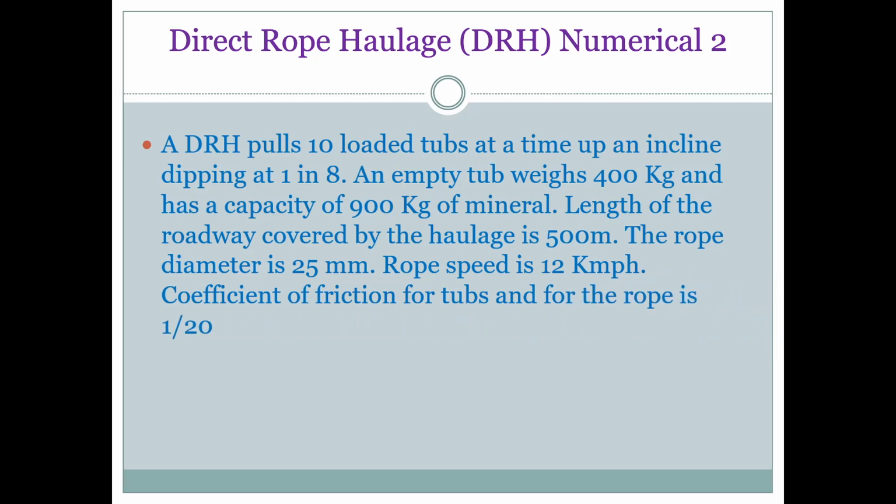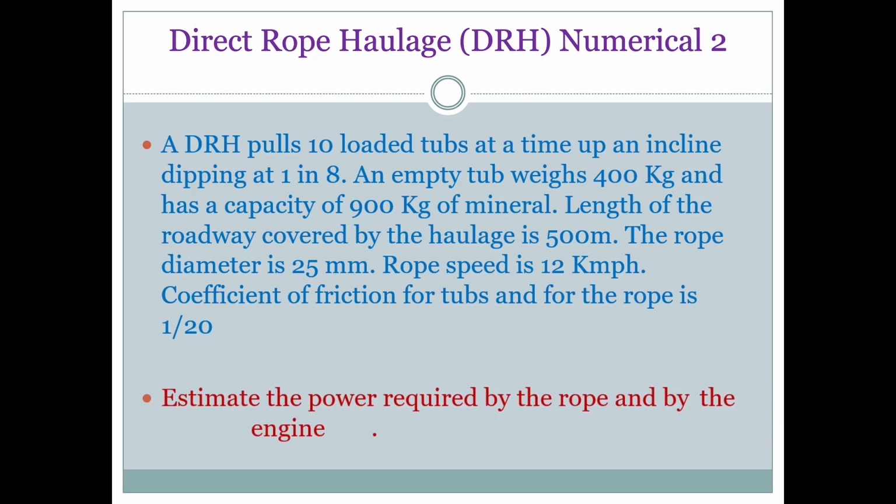The rope diameter is 25 millimeters. Rope speed 12 kilometers per hour. Coefficient of friction for tubs and that for the rope is 1 by 20. The question asked is: estimate the power required by the rope and by the engine.